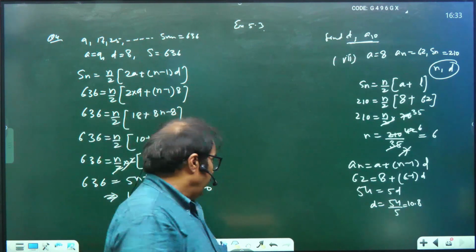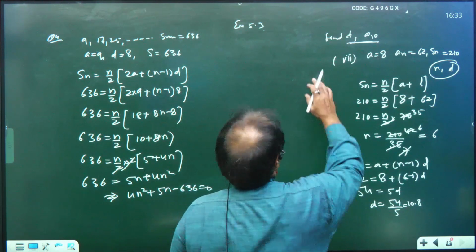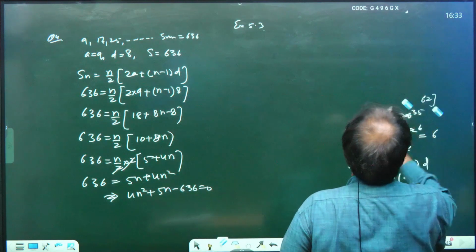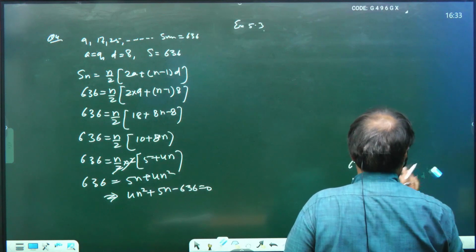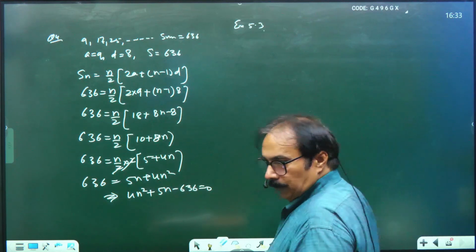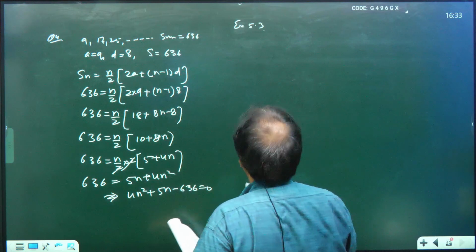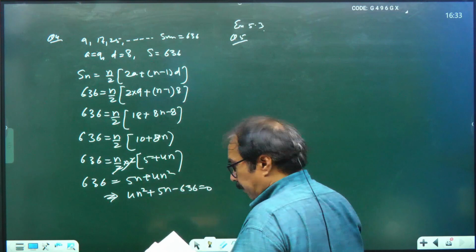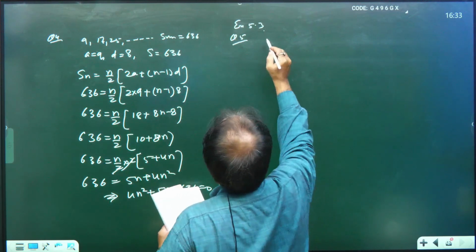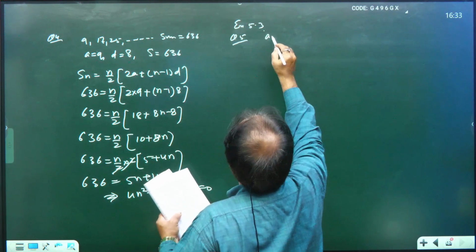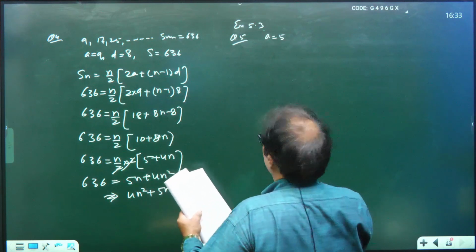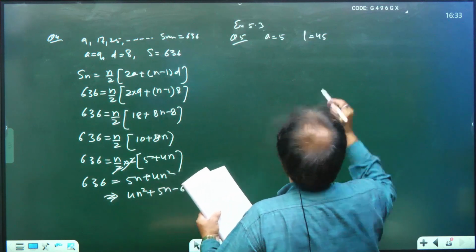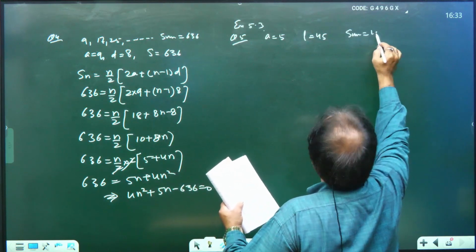Okay. Now question number 5. The fifth question is: the first term of the AP, A, is 5, and the last term L is given as 45, and their sum is given as 400.